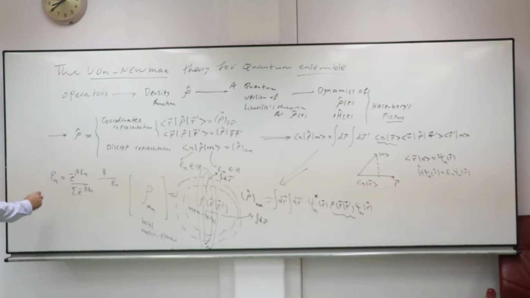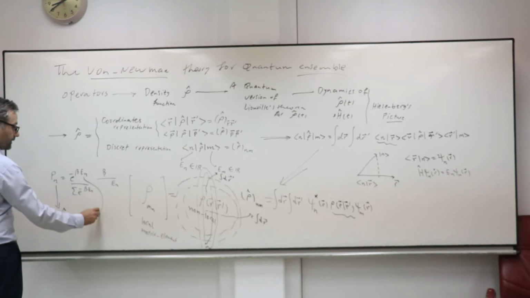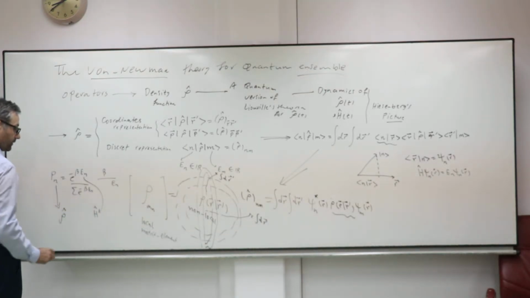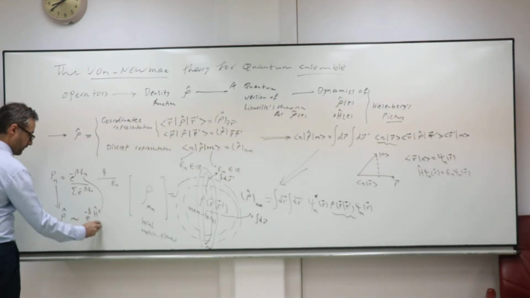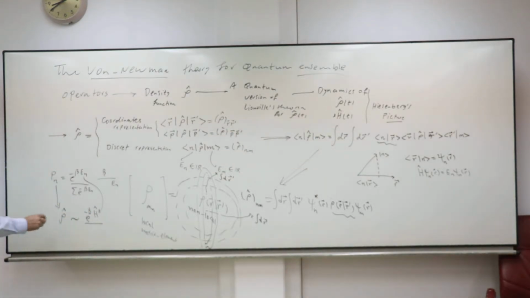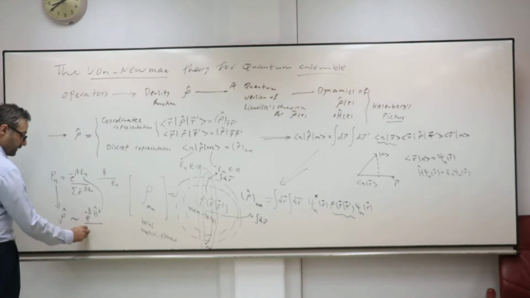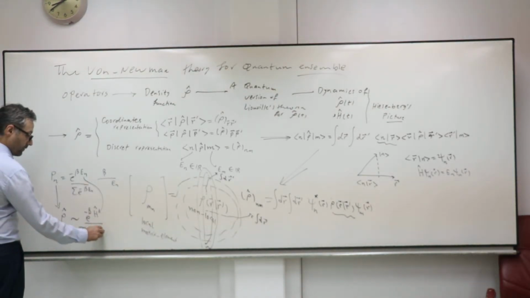We will introduce a quantum version of this operator. The quantum version of this operator will be rho. Instead of the P, we will use the operator rho, and instead of the E, you will see that the Hamiltonian is responsible for that. And instead of the sigma, we use a concept called the trace of the operator.